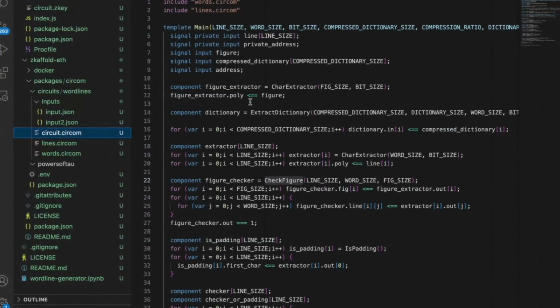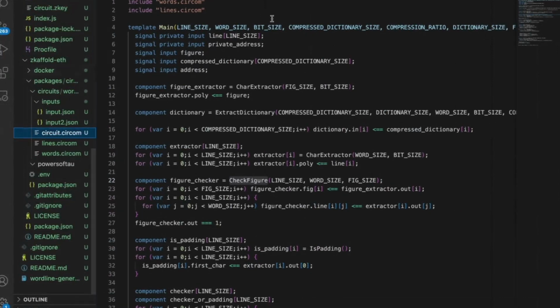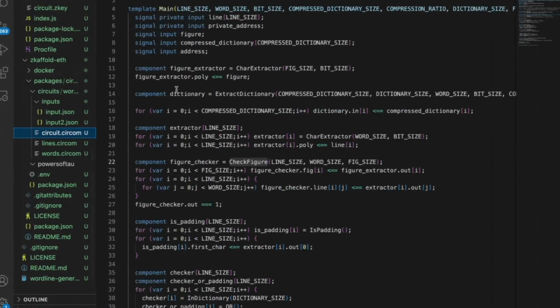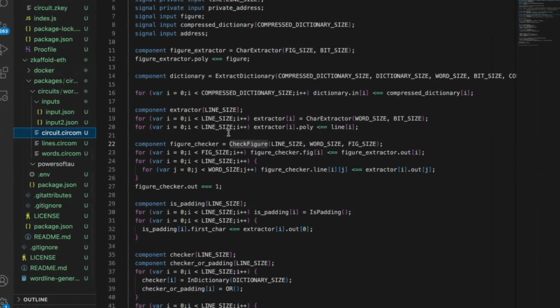So here we are in the mega circuit, and lots of components are being declared. So I think extractor is the thing that changes the representation of the, yes, okay.